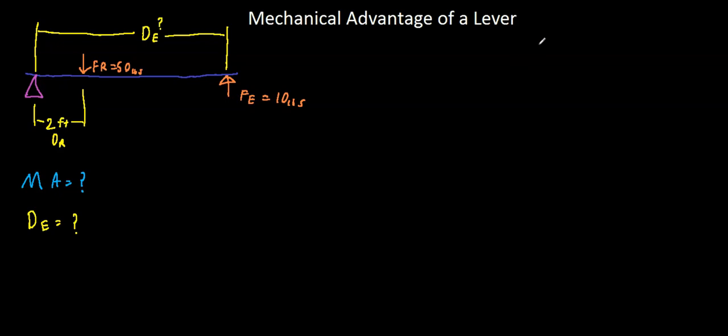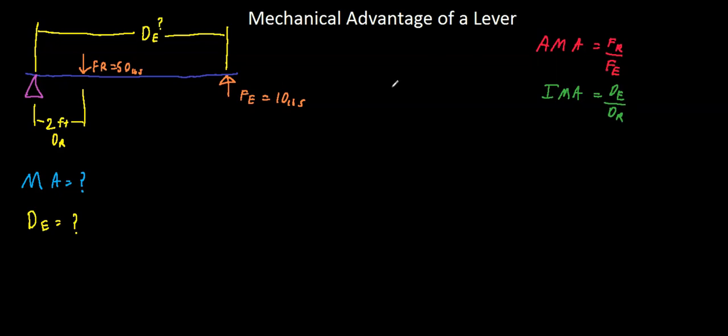So let's start with mechanical advantage, and of course we've got our two mechanical advantage equations. We've got AMA, which is AMA equals FR over FE. And of course we've got IMA, which is the ideal mechanical advantage, the distance effort divided by the distance resistance.